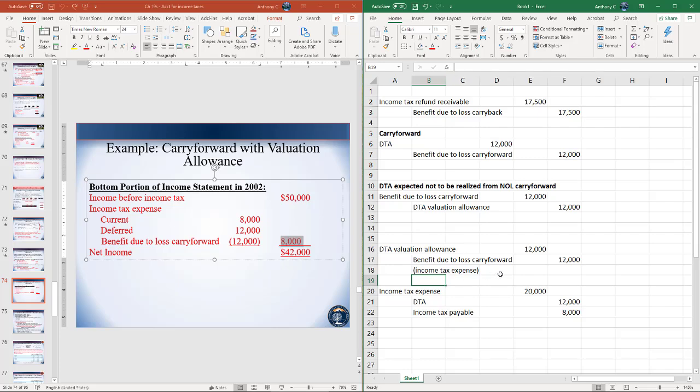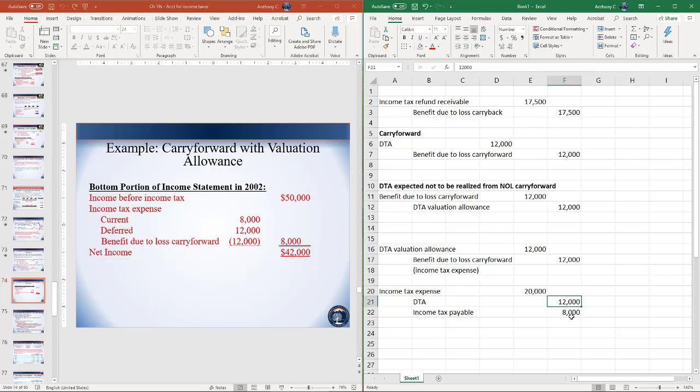So if we're keeping a T account here, we have plus 20,000 minus 12,000. And then since our DTA decreased, this increases income tax expense by 12,000. So again, this current balance here of 8,000 is for our income tax payable.